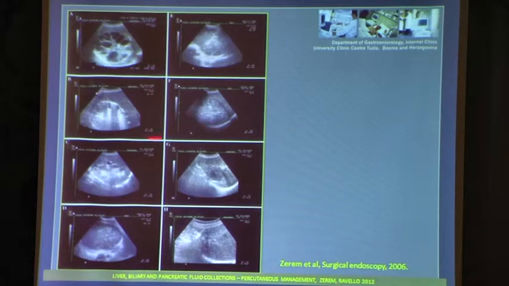This is a multivesicular echinococcal cyst before, during, and immediately after its treatment by the PAIR technique. 6 weeks after, a large abscess collection was formed in the place of the cyst, which was also treated by a second percutaneous drainage, and this is a large scar in the place of the cyst after the second intervention, which was smaller after 3 months and well visible after 9 months.